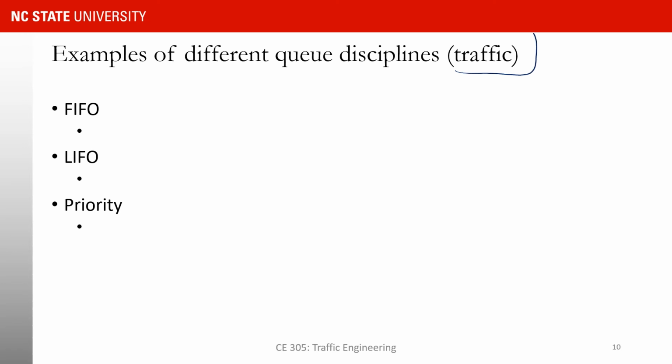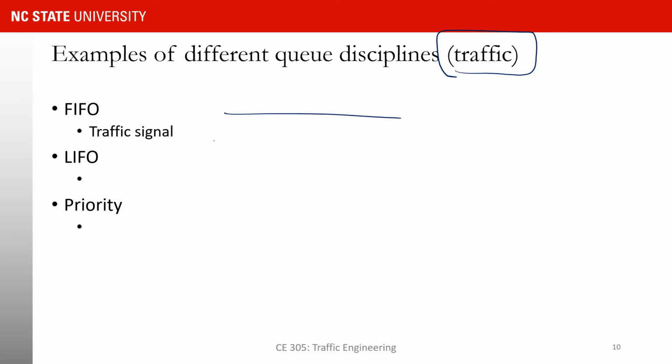Now let's focus on some examples in traffic for FIFO, LIFO, and priority. So what is a good example of first in, first out in traffic? So if you have a traffic signal, the first vehicle that is in line behind the stop bar is going to be the first vehicle that is going to go through, especially if you have a single lane, right?